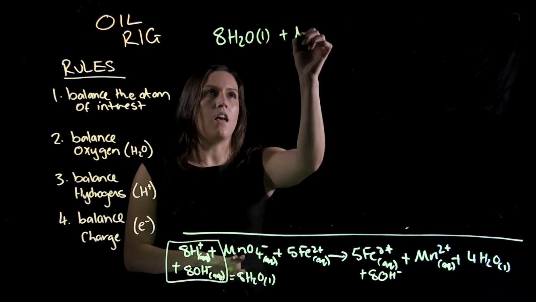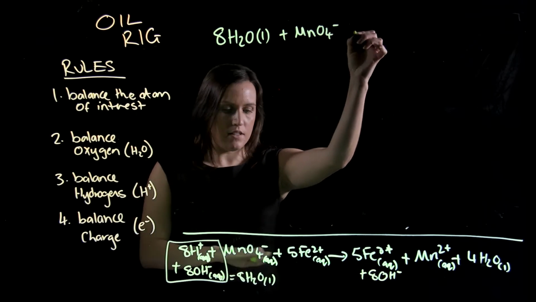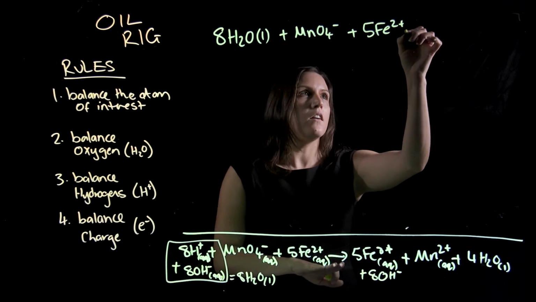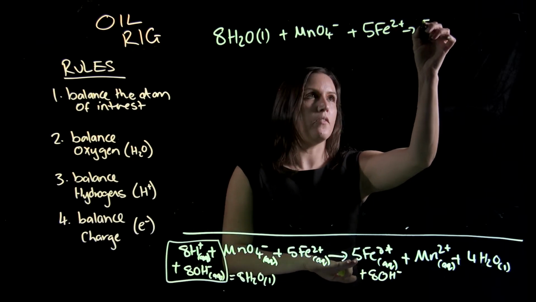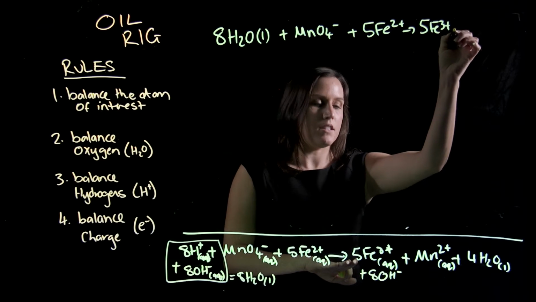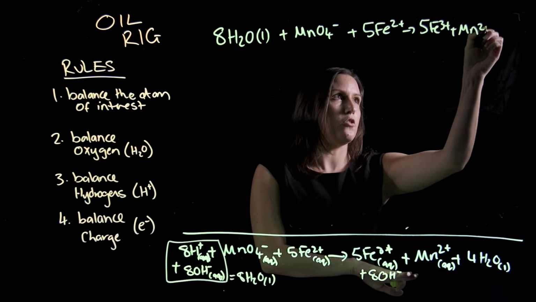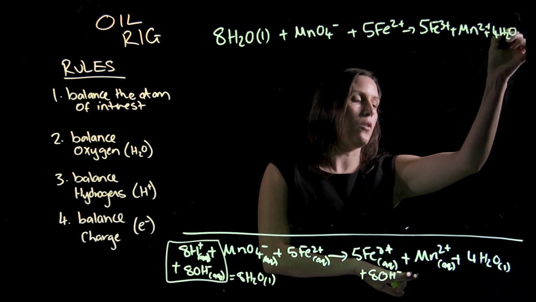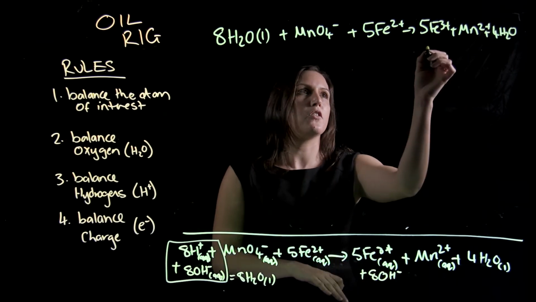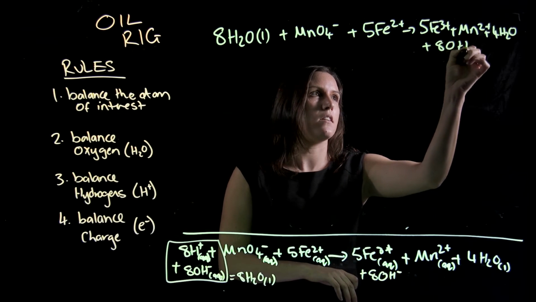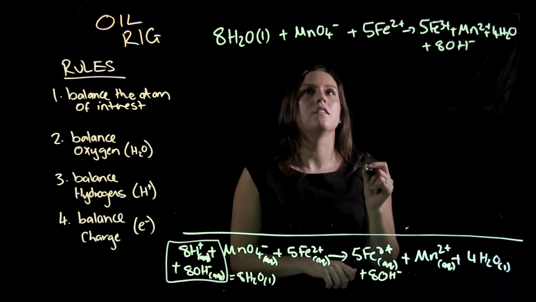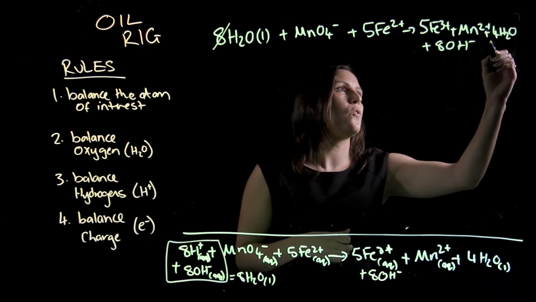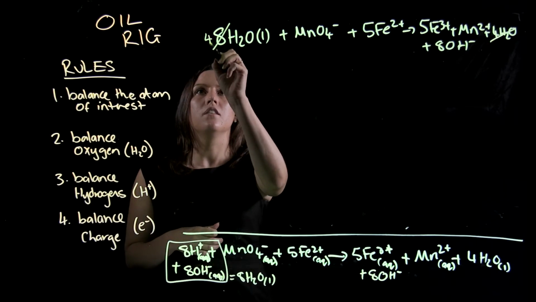And then I have my MnO4 minus, my 5 Fe2 plus, going to 5 Fe3 plus, Mn2 plus, 4 H2O. Okay, and then I'll write my 8 OH minus down there. So then I can go through and cancel out my water. So I've got 8 here and 4 there. So this can cancel down to 4.